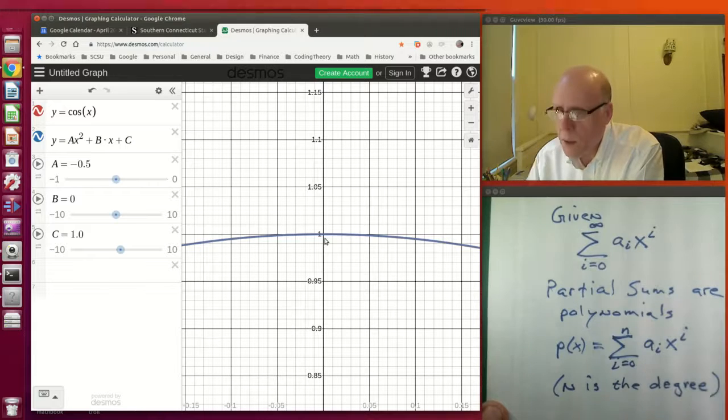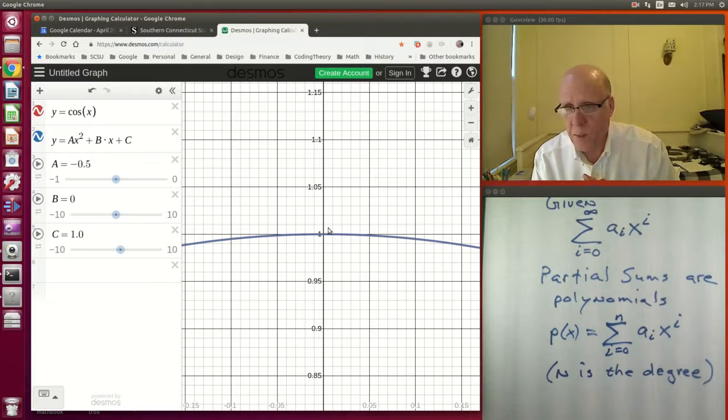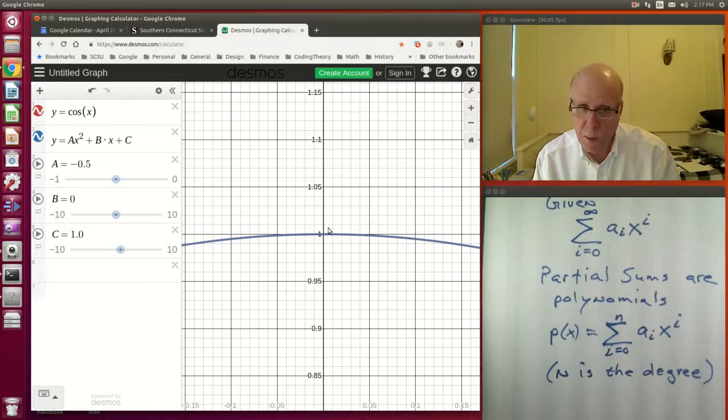Now, it turns out that in a certain sense, all functions we might be interested in are actually expressible as power series. And so these partial sums become closer and closer approximations to the power series.